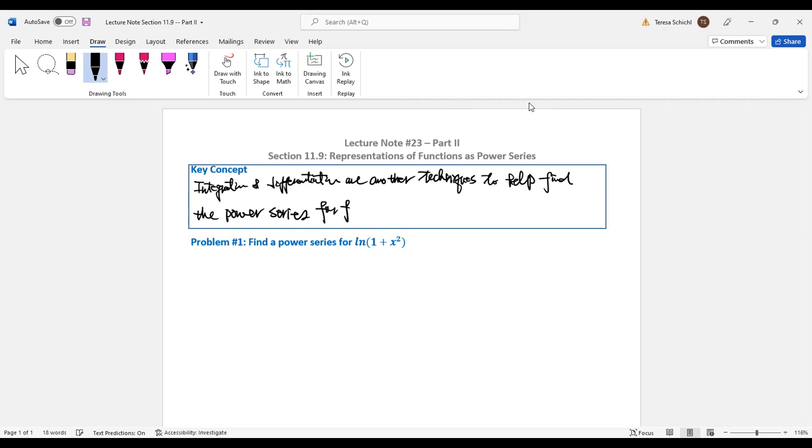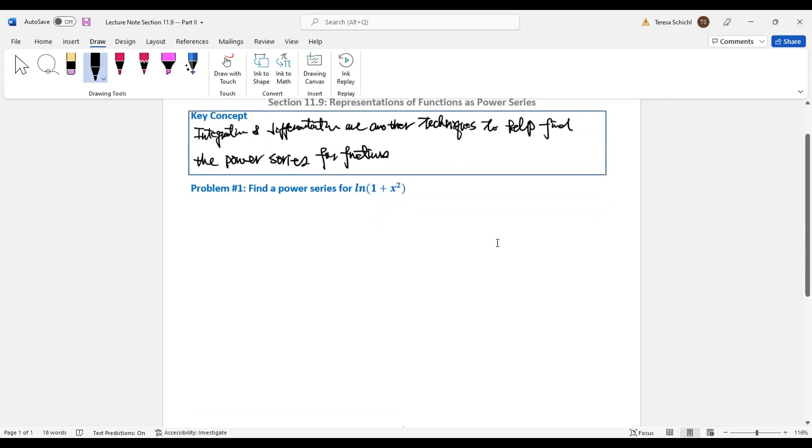That's why in our second video, we discussed how to find the derivative and the integration of a power series.